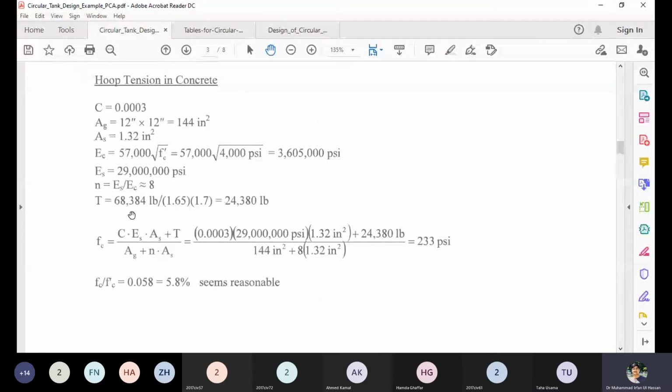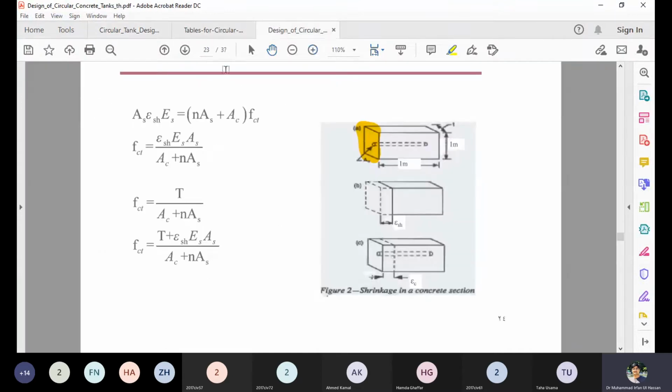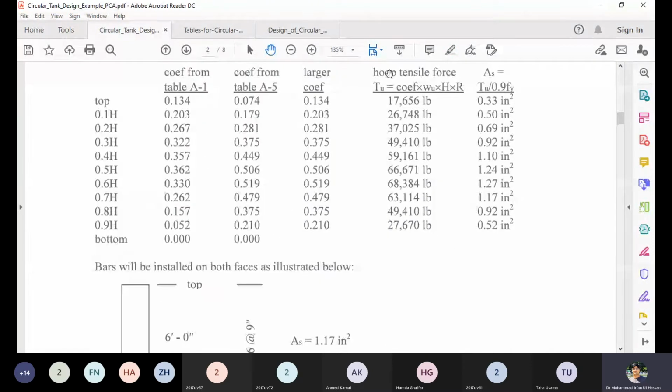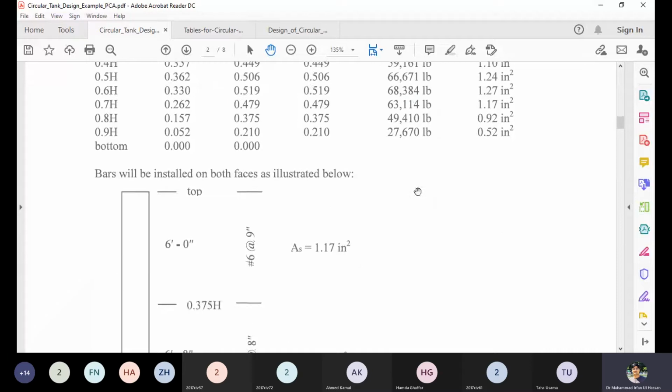So here you can see that the tensile force to be considered is the working load, not the ultimate load. But the tensile force computed above in this table, the Tu, is a factored one. So this was the maximum, 68,384.